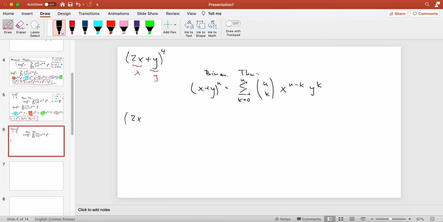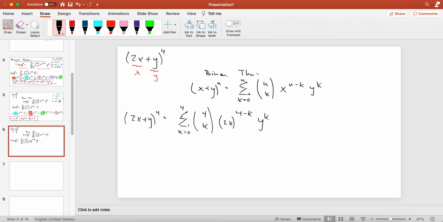So 2x plus y to the 4th power will be, according to the binomial theorem, when I plug everything in, the sum from k equals 0 to 4, my n is 4 here, 4 choose k of, again, my x is 2x here, so it's going to be 2x to the 4 minus k, y to the k.